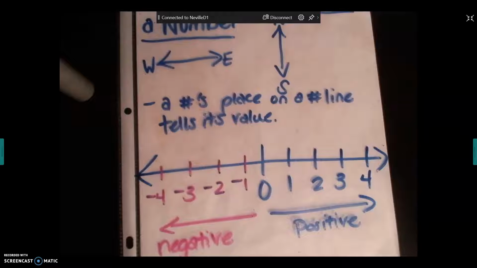Of course, mine is huge because I want everyone to be able to see it. So not only can that number line be horizontal, we're going to draw one that can be vertical as well.